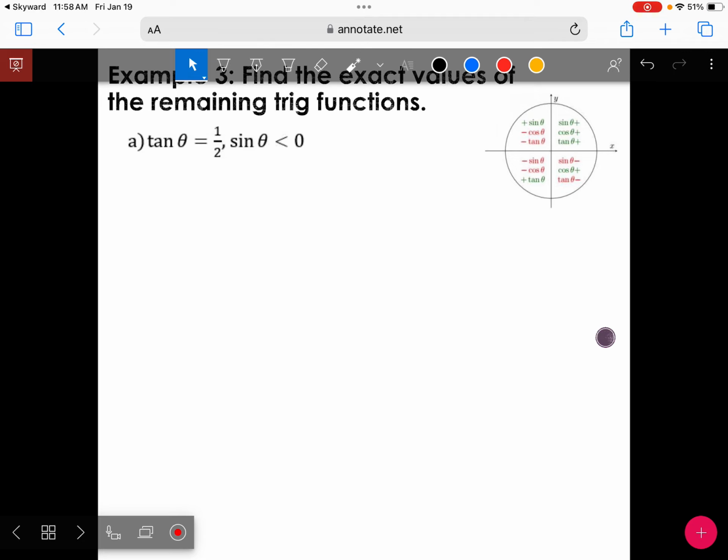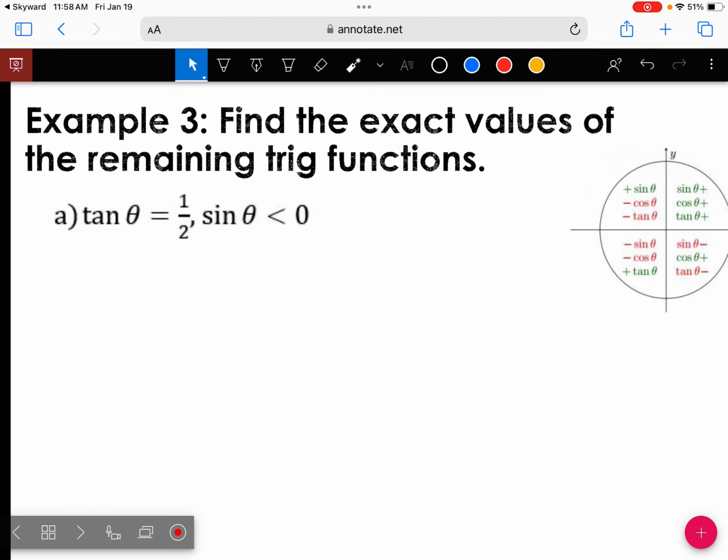So now for this one, I'll give you guys about 30 seconds to write down example 3. Just write down, find the exact values of the remaining trig functions. Is this one the last example?